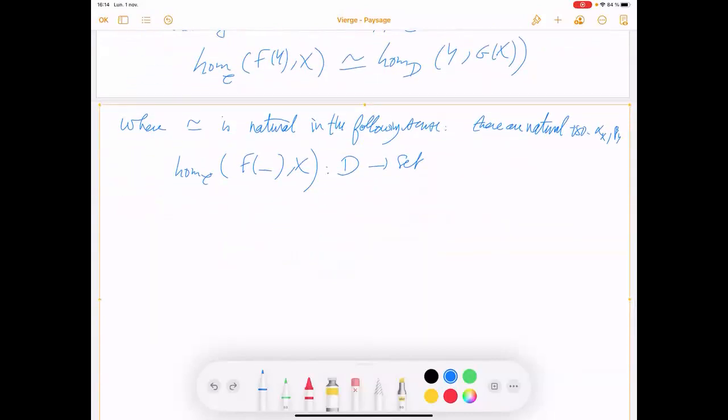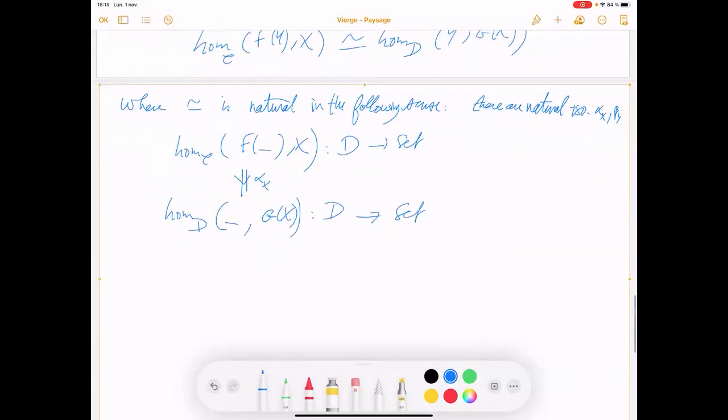This functor has a natural isomorphism called alpha x to the functor Hom_D of something, G x, again from D to Set, and the same for the source from C to Set.